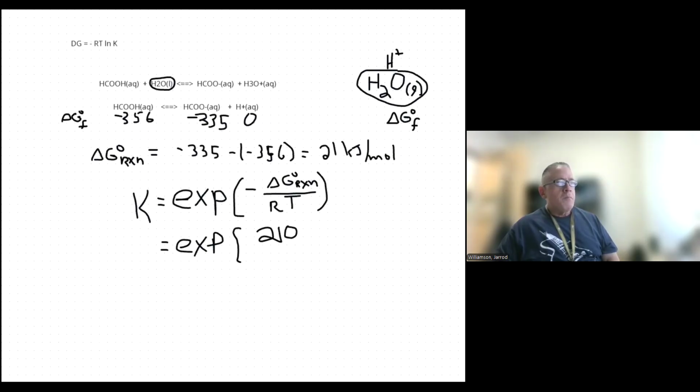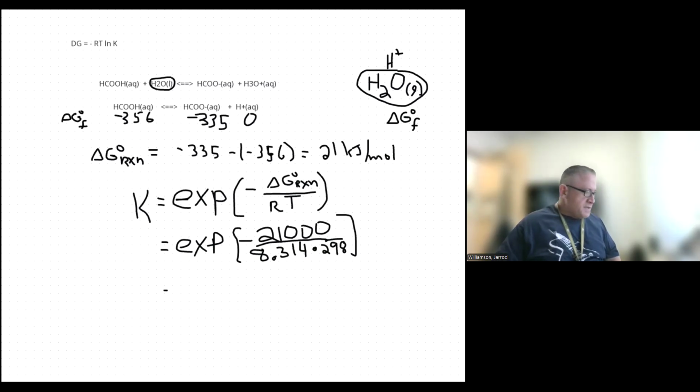joules per mole. R is going to be 8.314 joules per mole times, I didn't give a temperature, so we're going to assume 298 Kelvin. Oh, my minus sign, can't forget that.